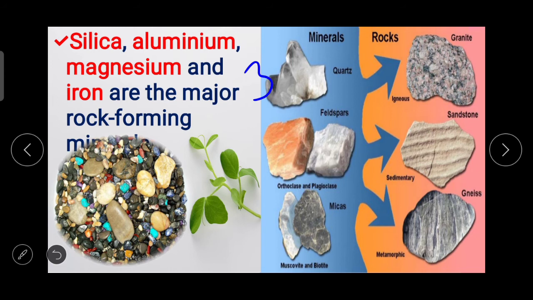There are other minerals too in different rocks. इन्हें छोड़कर ये जो 4 है, silica, aluminium, magnesium and iron, these are the major rock forming minerals. किसी भी रॉक की फॉर्मेशन हम देखेंगे तो उसमें ये होंगे ही. ये बेसिक और मेजर रॉक फॉर्मिंग मिनरल्स है, but there are other minerals too in different rocks. So keep in mind silica, aluminium, magnesium and iron.